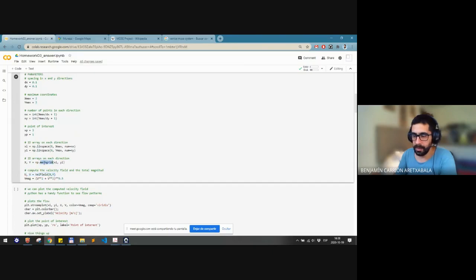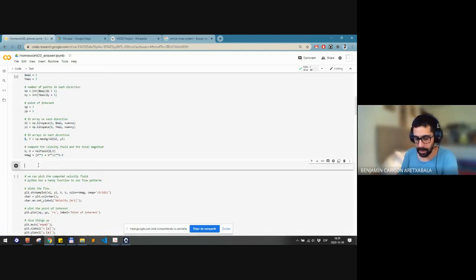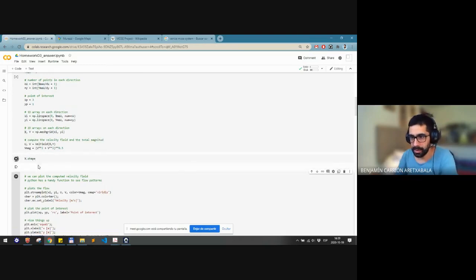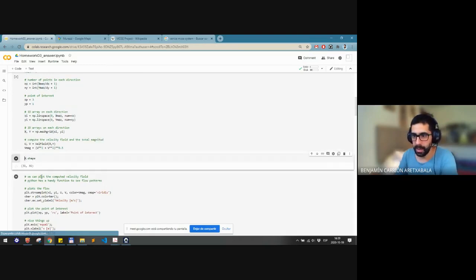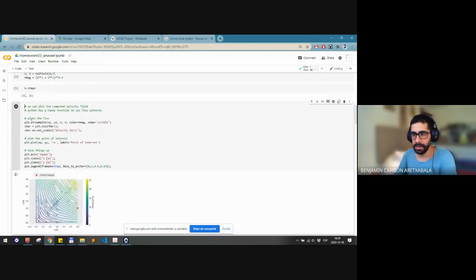This function just creates a mesh. So instead of having a vector, you have an array, a matrix with x and y. So just so you see, x is a matrix of 31 by 31, and all of these velocity components should have the same shape, right? And this is just a function that plots streamlines directly.